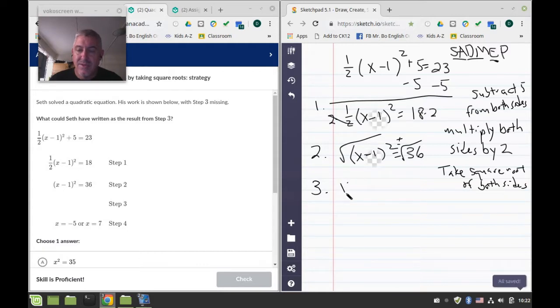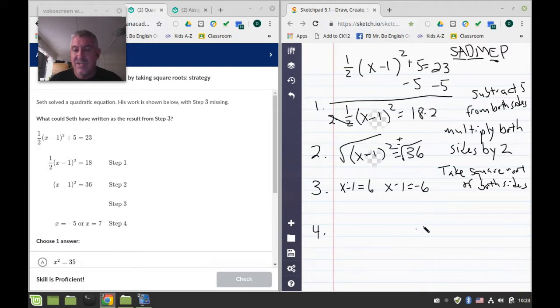I'll end up with x minus 1 is equal to, sorry, that's not 36, that's 6. The positive square root of 36 is 6, and x minus 1 is equal to negative 6.